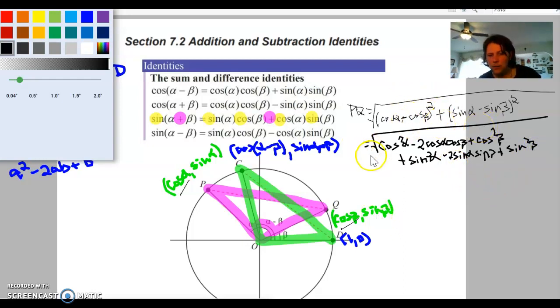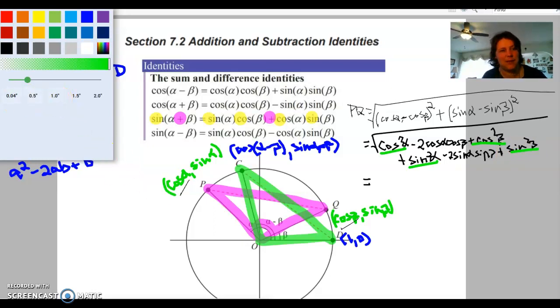So now what you'll notice, which is very nice for us, is we have cosine squared alpha plus sine squared alpha. And then cosine squared beta plus sine squared beta. What do you notice about that?